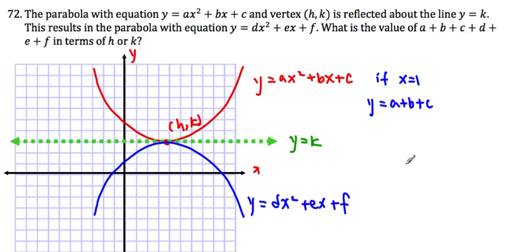If x equals 1. And that is the same here. So why don't I just call it y sub 1 this way. Here, once again x equals 1, y sub 2, in this case, is equal to d plus e plus f. So what the question is asking for is to find y1 plus y2.